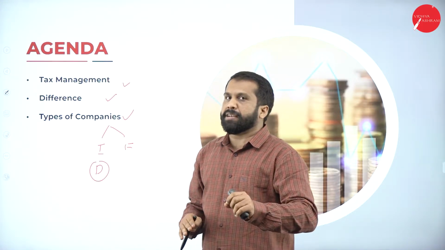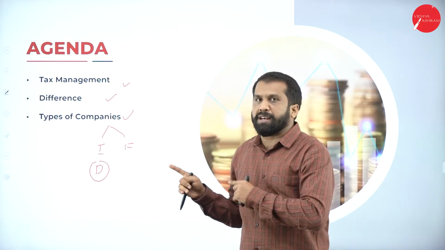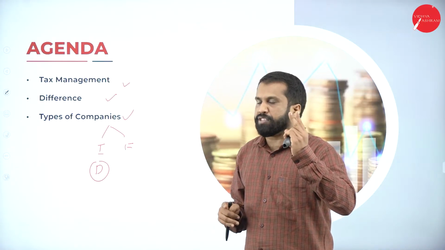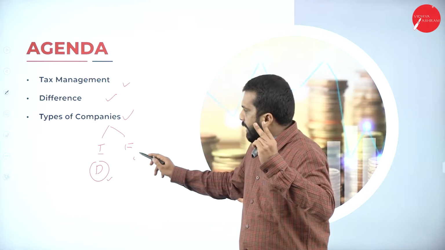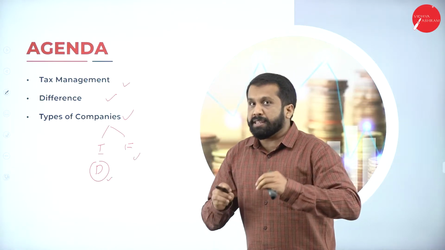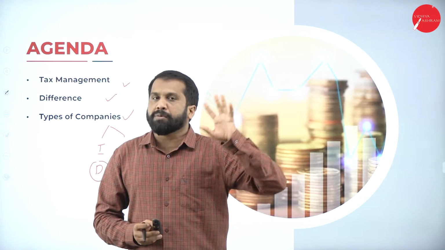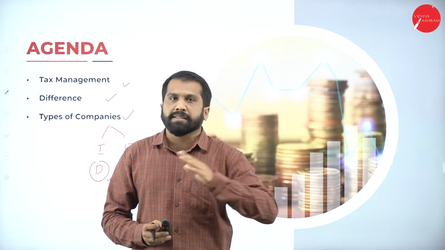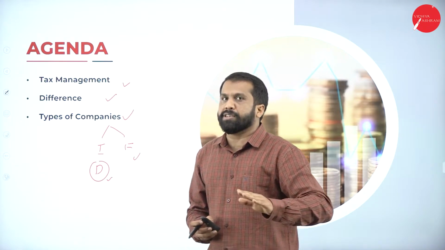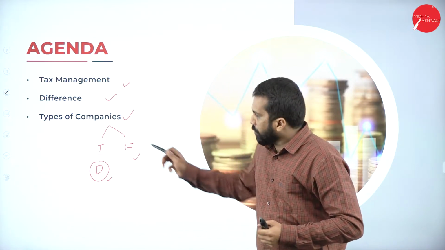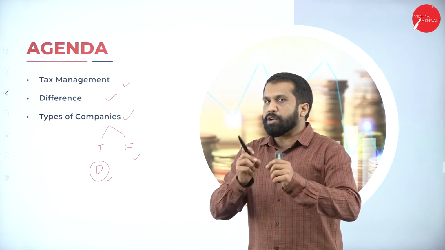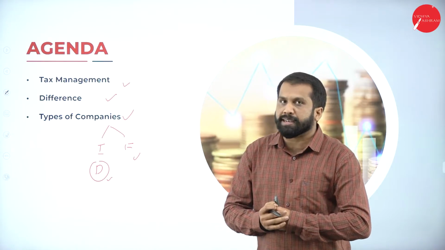For your corporate tax planning examination, only 2 types of company: domestic and foreign company. They will not ask you the maximum number of members or directors. Only for 5 marks, you are supposed to explain what is a domestic and what is a foreign company.